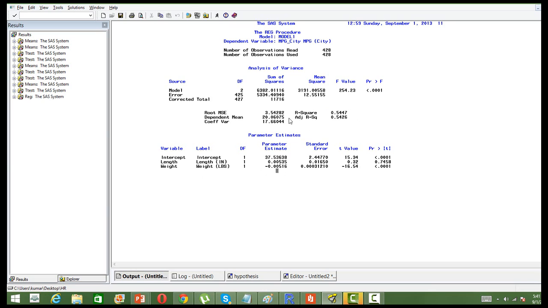Understood? And for the second variable, length, it's useless. Why? Because it's an insignificant variable. Now is this clear or should I repeat again? If it's not clear, I will repeat again.